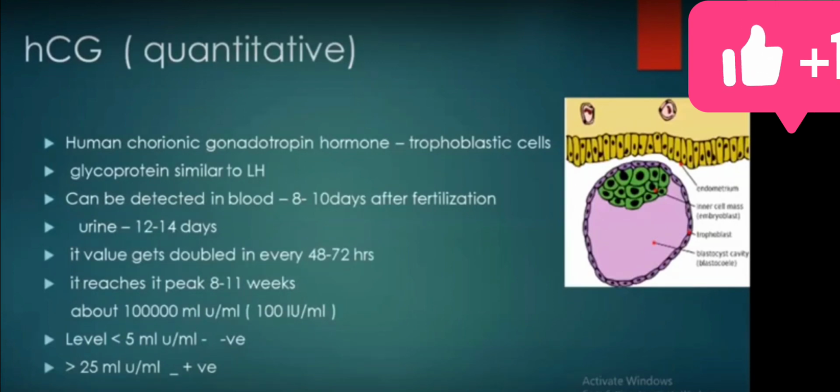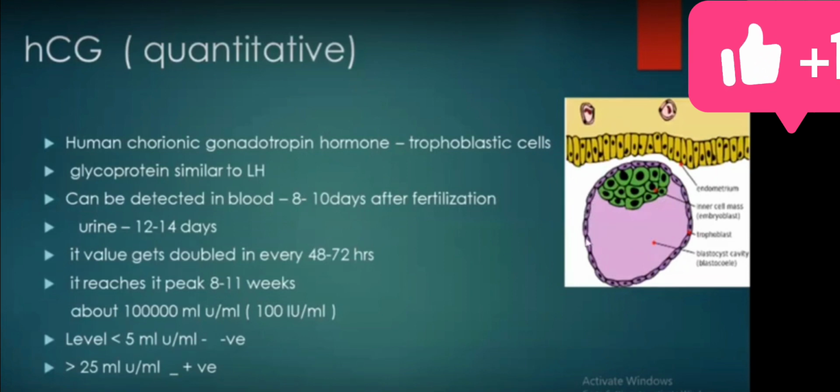Serum beta HCG is a quantitative test. That is, in blood we are trying to quantify how much amount is present. In this, the beta HCG hormone is secreted from the trophoblast. As you can see, this is the trophoblast, and this portion develops into the embryo.